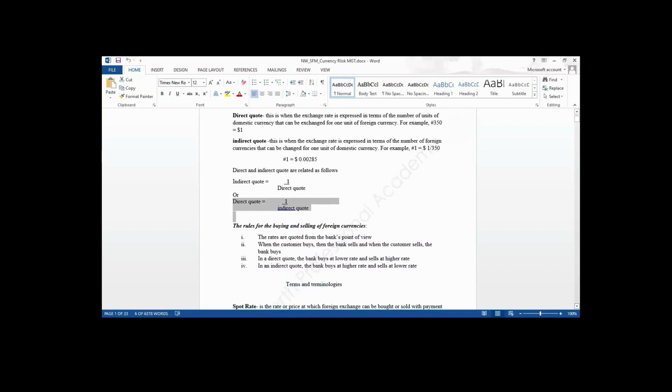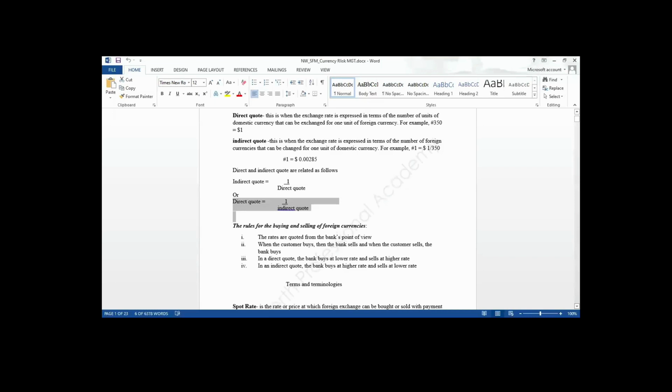Now, rules for buying and selling foreign currency. Please, these rules, you are going to try to memorize them. Rule number 1, exchange rates are quoted from the viewpoint of the bank. It is usually quoted in favor of the bank. Rule number 2, when the customer buys foreign currency, then the bank will sell foreign currency.